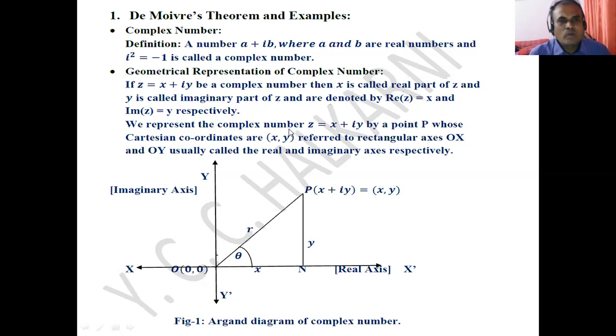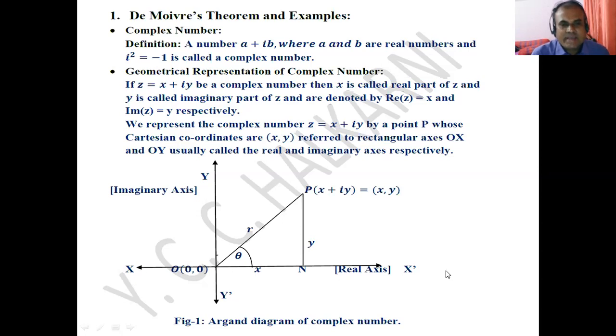We represent the complex number z equal to x plus iy by a point P, whose Cartesian coordinates are x, y. Refer to rectangular axes OX and OY, usually called the real axis and imaginary axis respectively, which is shown in figure 1.